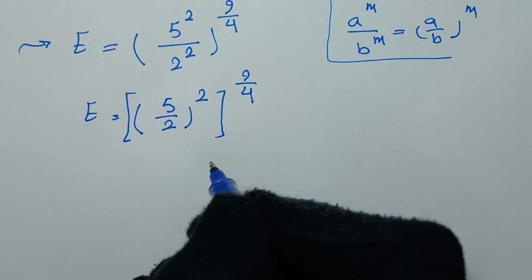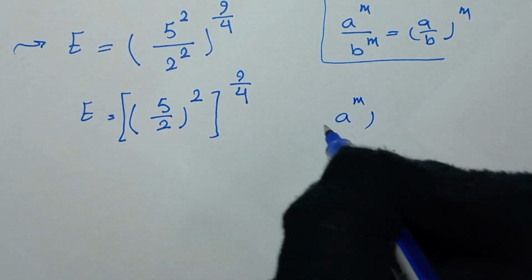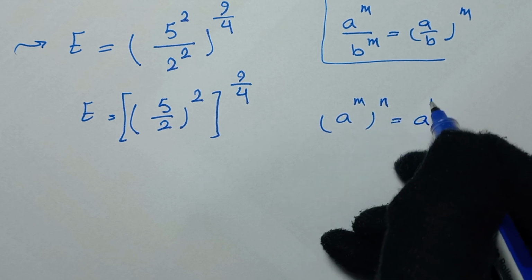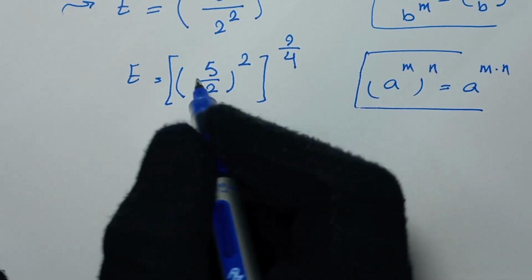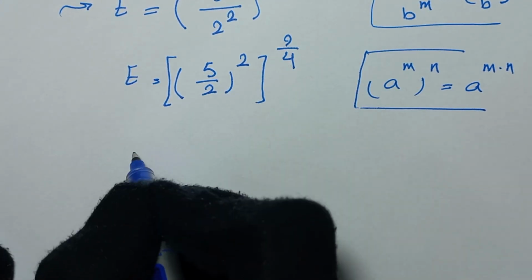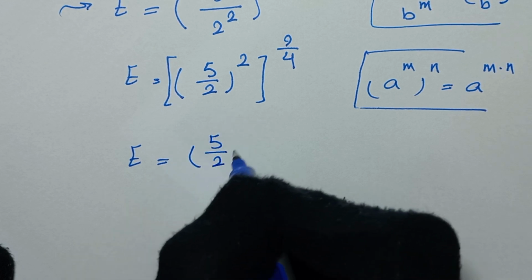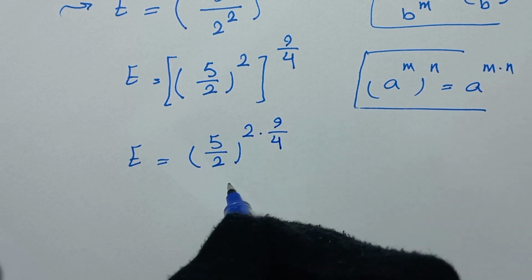And in the next step, from the exponential rule, (a to the power of m) to the power of n is equal to a to the power of m times n. So, in here, for (5/2) to the power of 2 and to the power of 9/4, we can write e is equal to (5/2) to the power of 2 times 9/4, right?